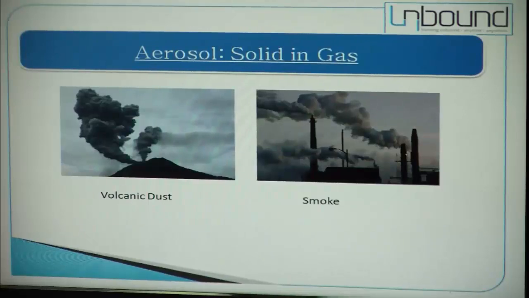When it settles on the ground, we can see the dust particles. For example, those who live near a cement industry see cement particles settling around their houses. Though they stay at a distance from the factory, along with the smoke and air, small solid particles come suspended in gas. So this is also an aerosol.